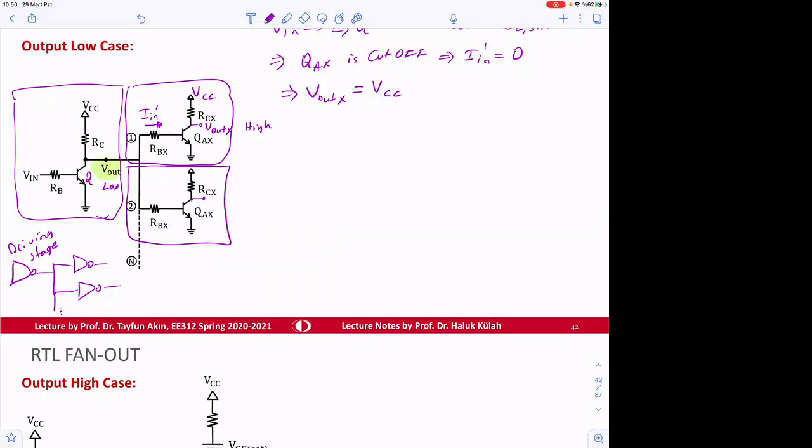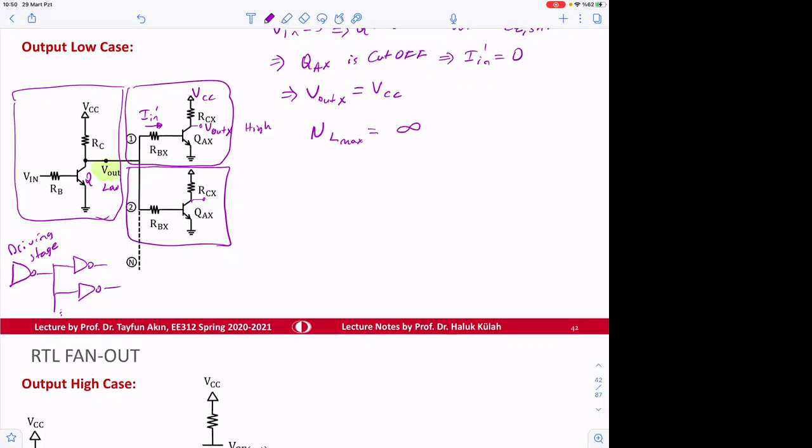So for this case, what is going to be the maximum, the low maximum? How many can we connect? There is no limit, basically. We can say it's infinity. And it will work, right? If we connect 100 of them, all the hundred are going to give you high.